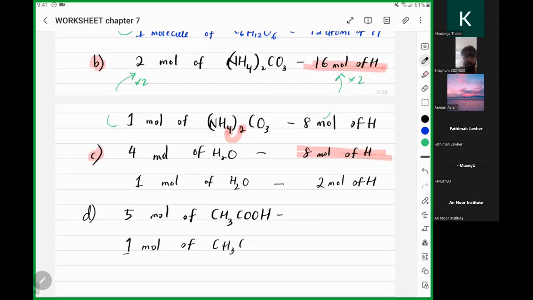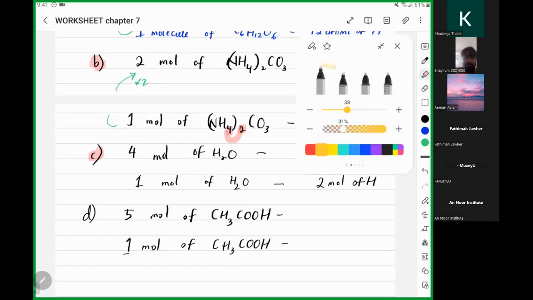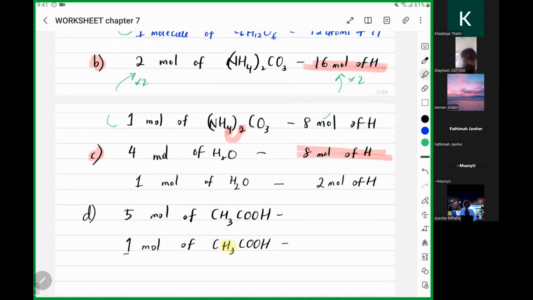Observe, everybody. 3 hydrogens here and there's 1 here. So 4, right? It's 4. So 5 has how many? 20.